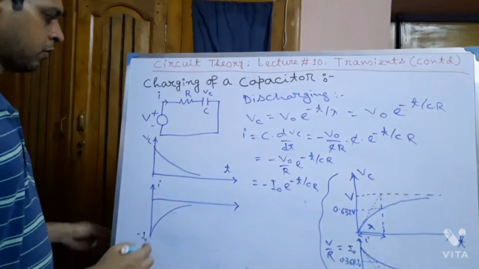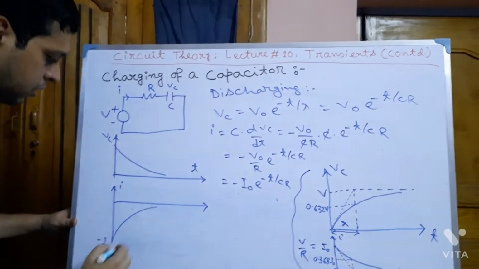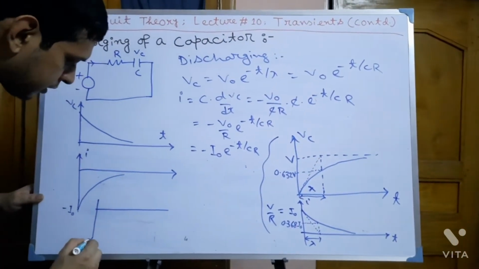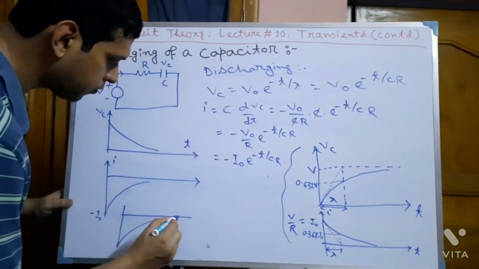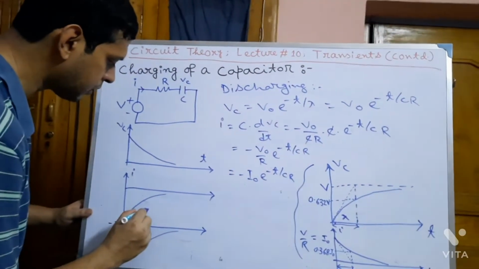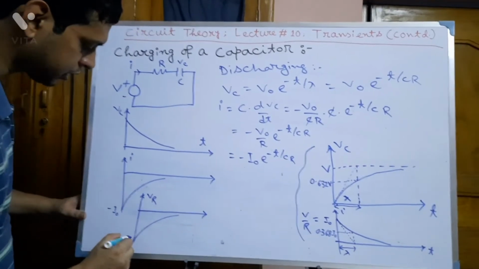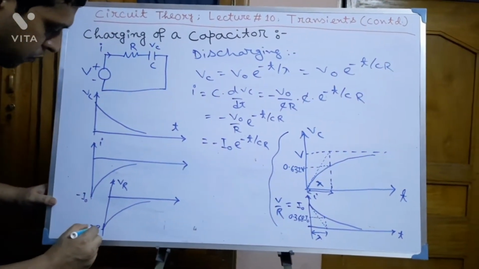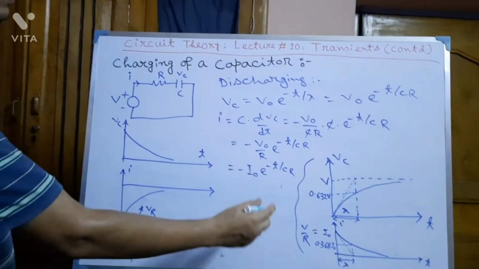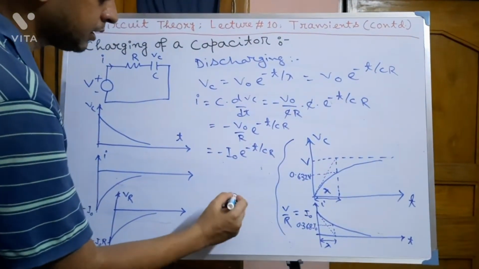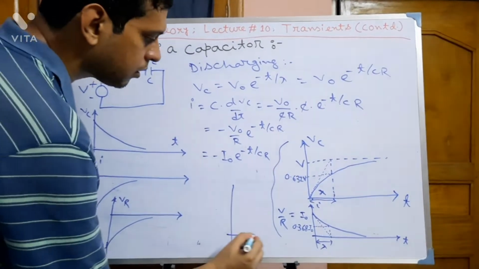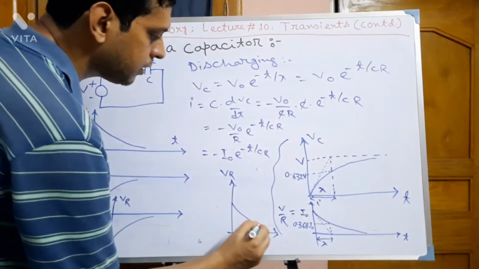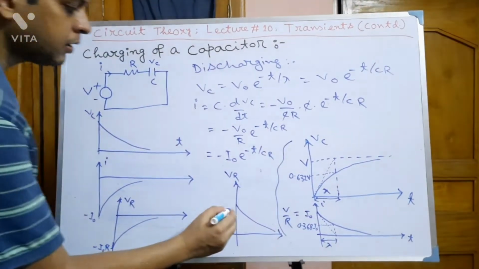Now, at the time of discharge, the voltage across the resistance will vary like this one. This is voltage across the resistance, and this will start from minus I0 into R. At the time of charging a capacitor, voltage across R will vary in this path.